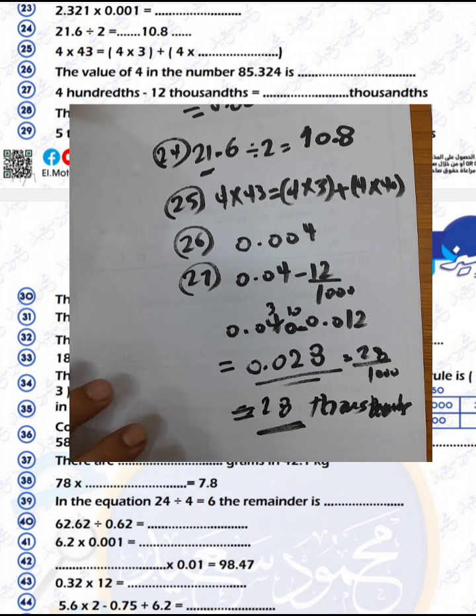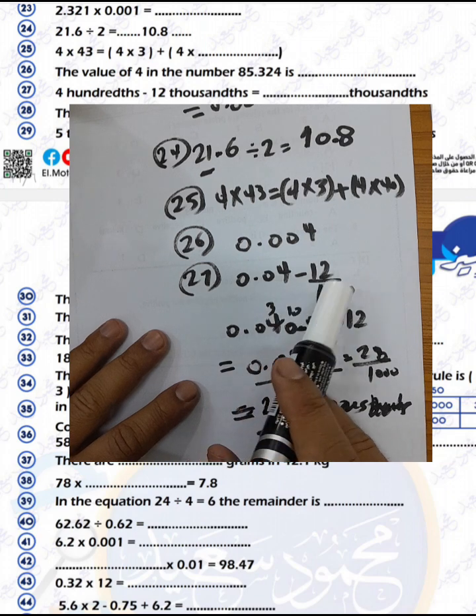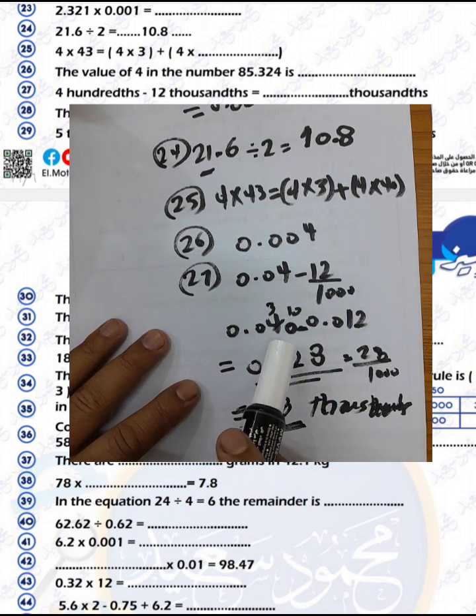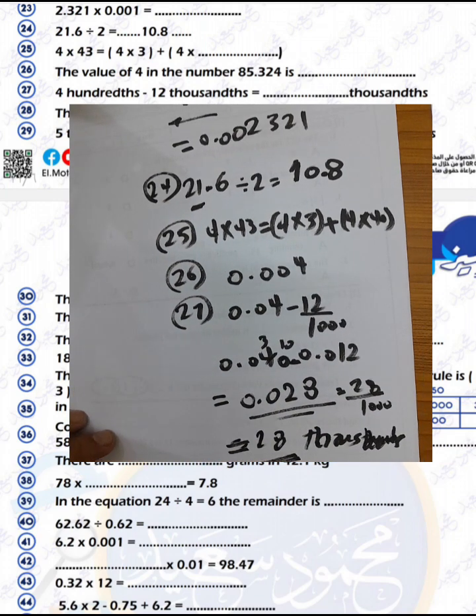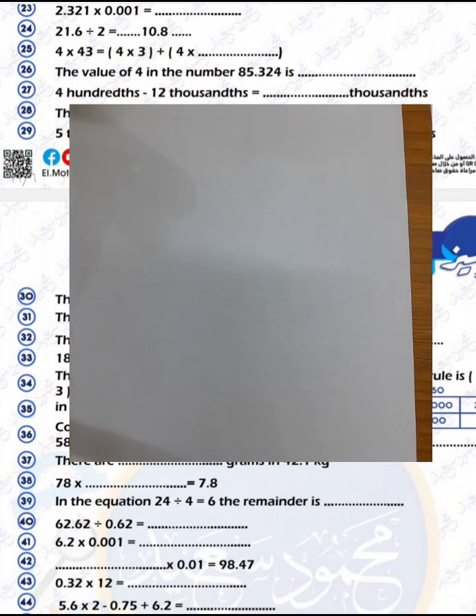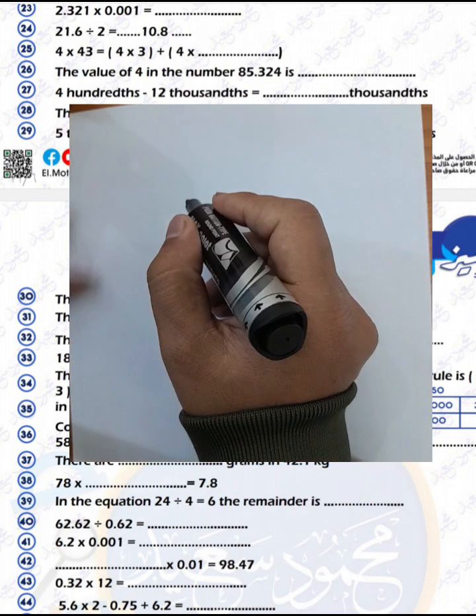Understood? Again, 400ths and 12 thousandths. This number we must put 0 here to equal parts. Question 28.